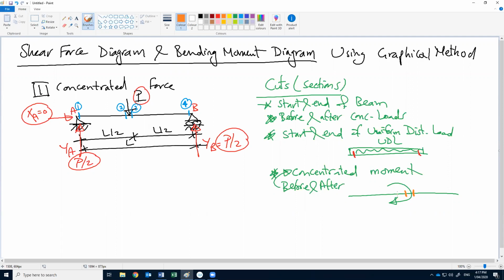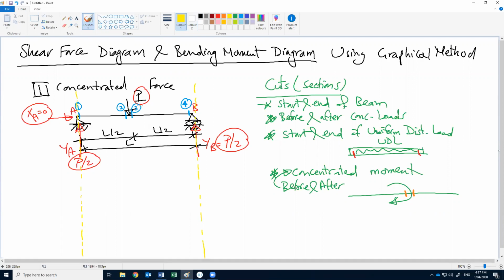Okay, so the second step, after the reactions and making our cuts, is that we will have some guidelines to put our diagram. Our guidelines will be at our cuts.